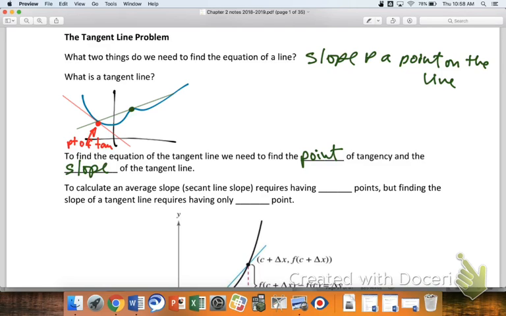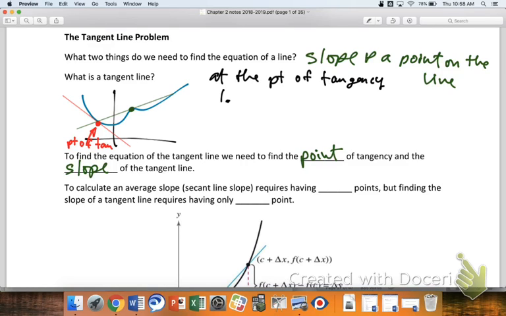I think I'll say this now. It's not really in your notes. I'll just say this off to the side. At the point of tangency, and I will repeat myself many times because this is really important, at the point of tangency, two things are true.